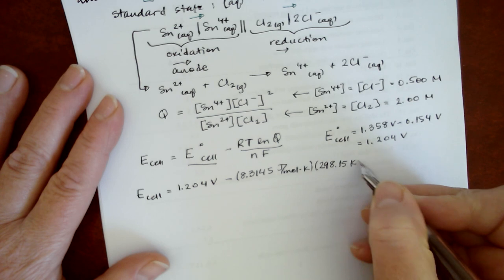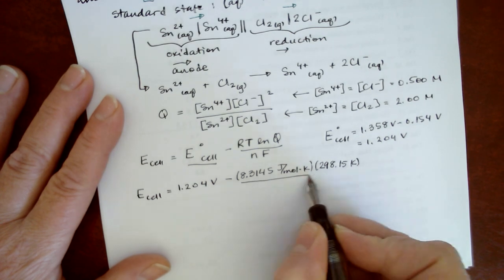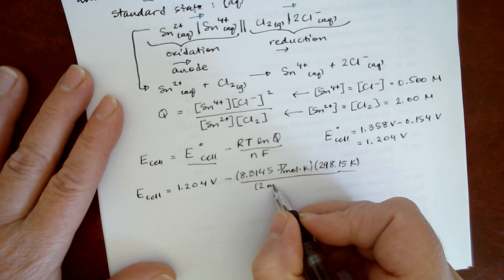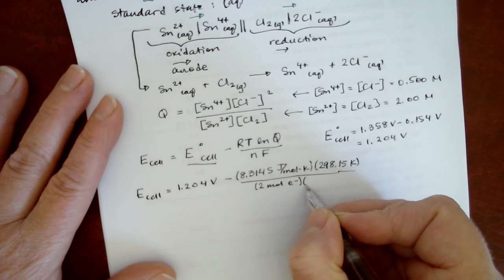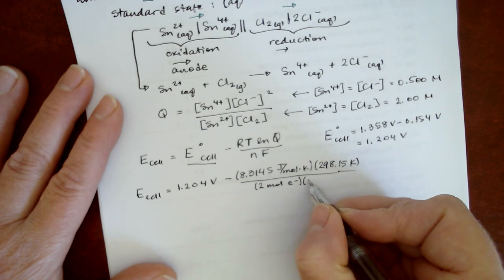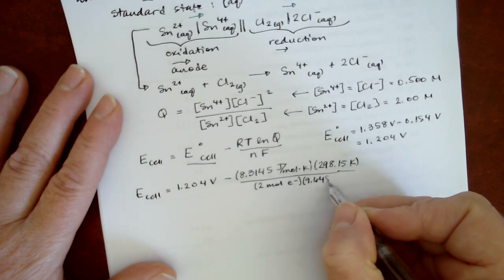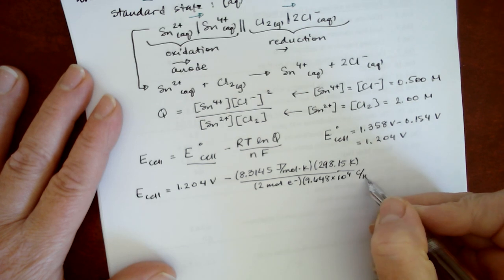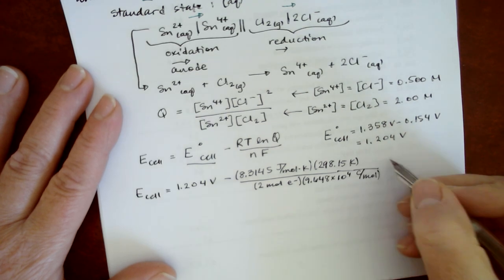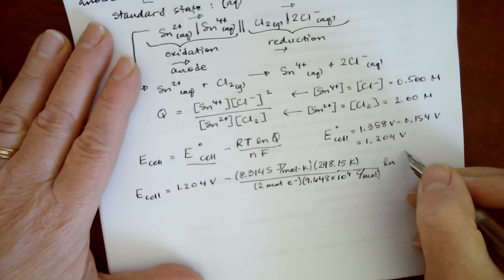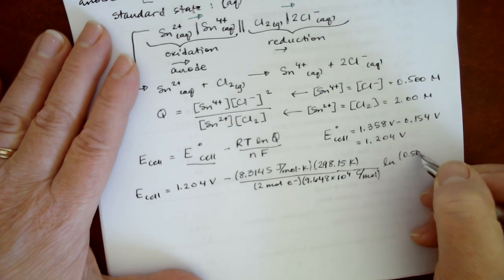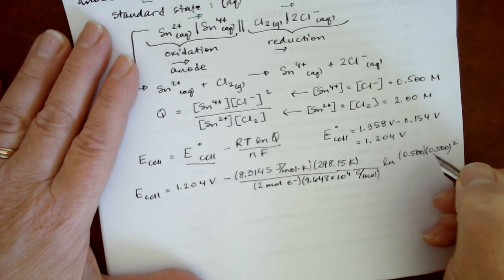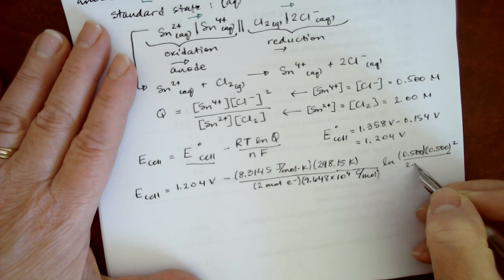And I'm going to do all of the RT over NF first, and then I'm going to do the natural log of Q. So that's 2 moles of electrons, and the Faraday constant, 9.648 times 10 to the 4 coulombs per mole of electrons. And then Q, we will have 0.5 and 0.5 squared, and then 2 and 2.